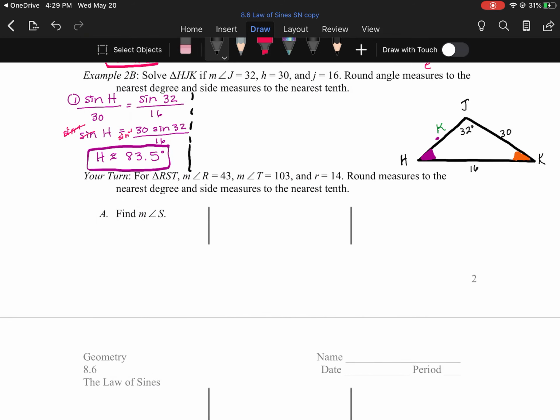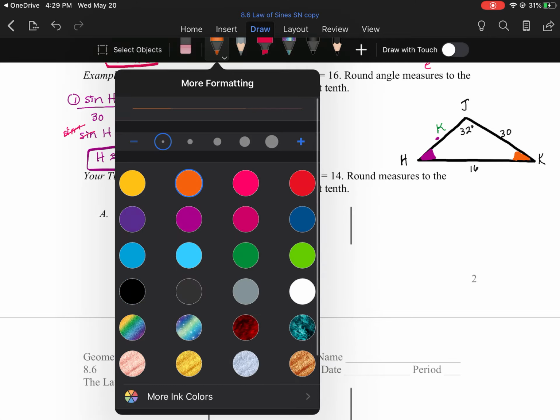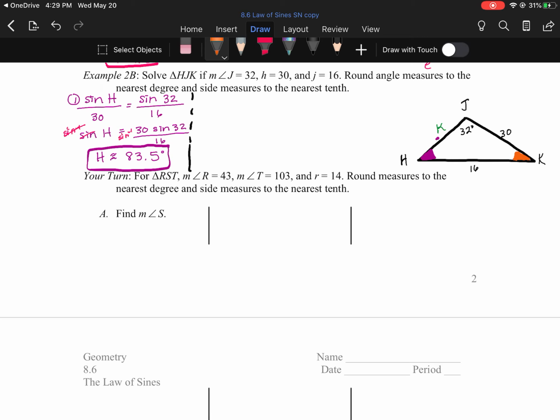Now we can find angle K. I almost forgot for a second what I was doing. So if we know that this is 83.5, we now have 2 of the 3 angles we need.